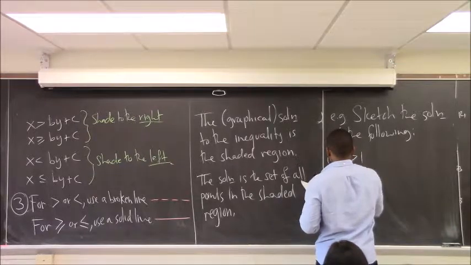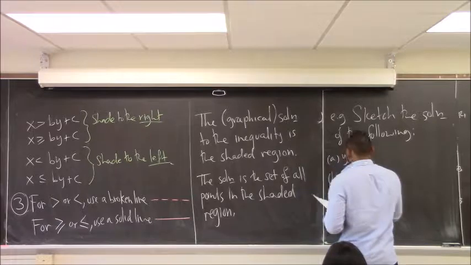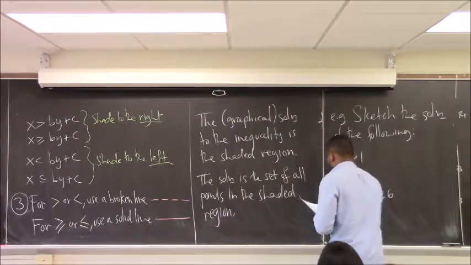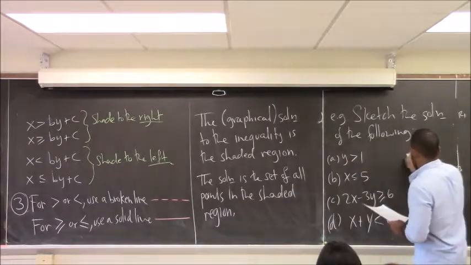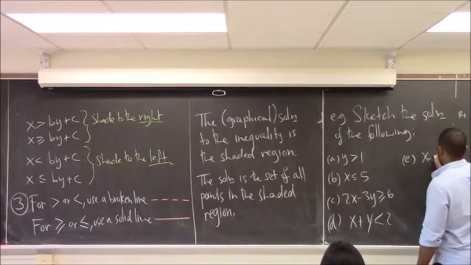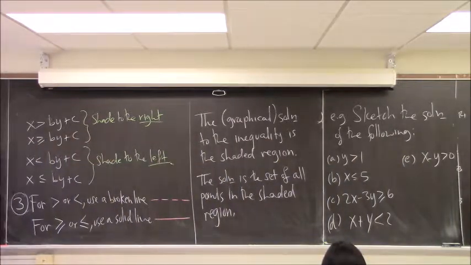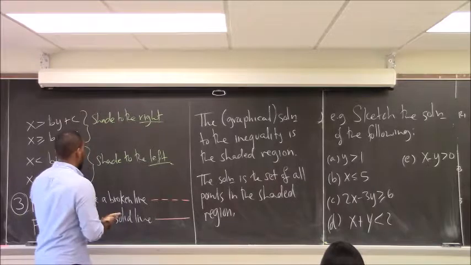B, x is less than 5. C, 2x minus 3y greater than 6. D, x plus y is less than 2. E, x minus y is greater than 4. I'm going to sketch the answers for this. I'll wait for you guys to finish copying before I jump into it.